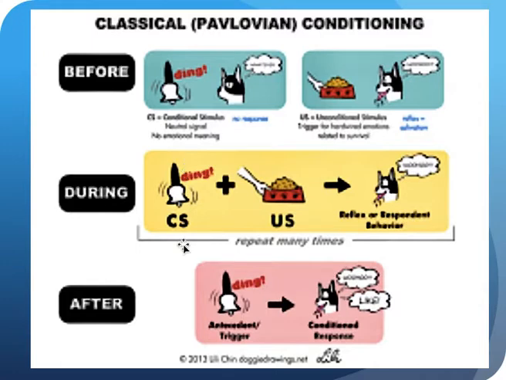So in the experiment, they would ring the bell and then give the dog some food, and the dog would salivate, okay? But after you do this enough times and the dog starts to associate the bell with the food, you can just ring the bell and the dog will salivate, right? Which is not what happened at the beginning. They rang the bell, nothing happened, because the dog did not yet associate the bell with the food. Okay, so this is what they call classical conditioning.